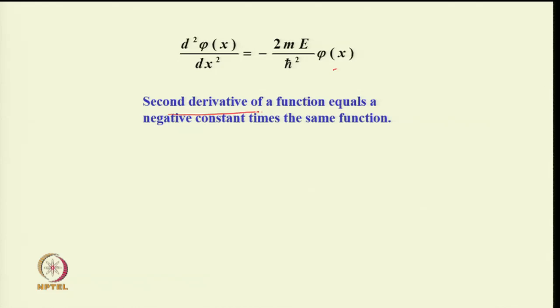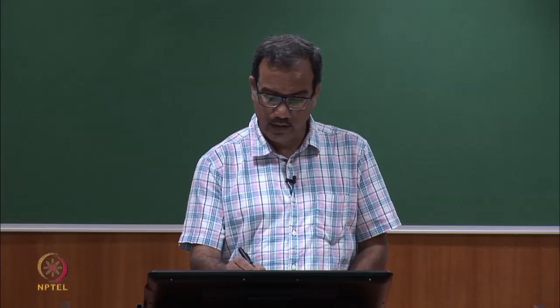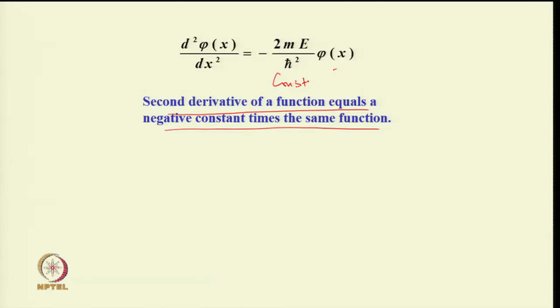The second derivative of a function equals a negative constant times the same function. So, this is basically a constant multiplied by phi.